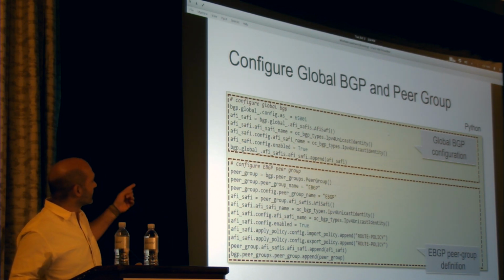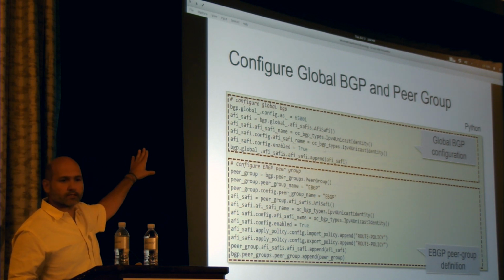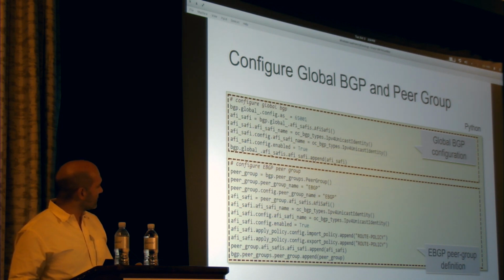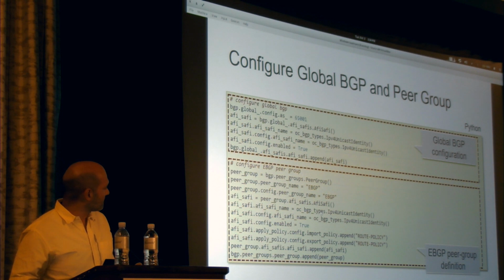I take that back. So this is the global, where we activate the IPv4 address. Then I'm defining a peer group that I'm calling EBGP. So we see here EBGP is the name that I'm going to use. Under that EBGP peer group, I'm also enabling IPv4 unicast.